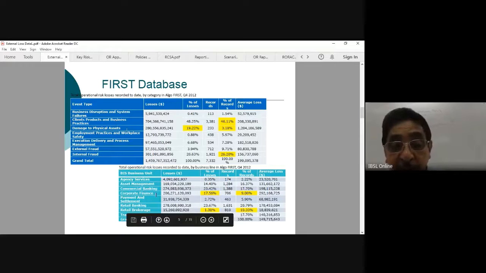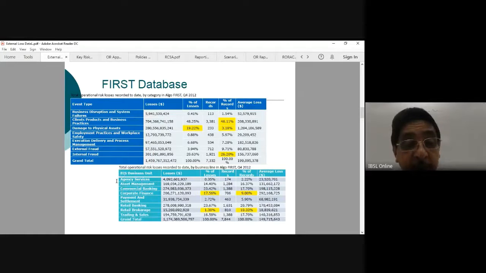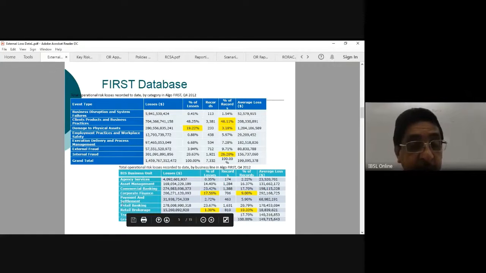Now here you can see agency services. These are the business lines: agent services, asset management, commercial banking, corporate finance, payment and settlement, retail banking, retail brokerage, and trading and sales. Now you can just check it. I will just go into this one.